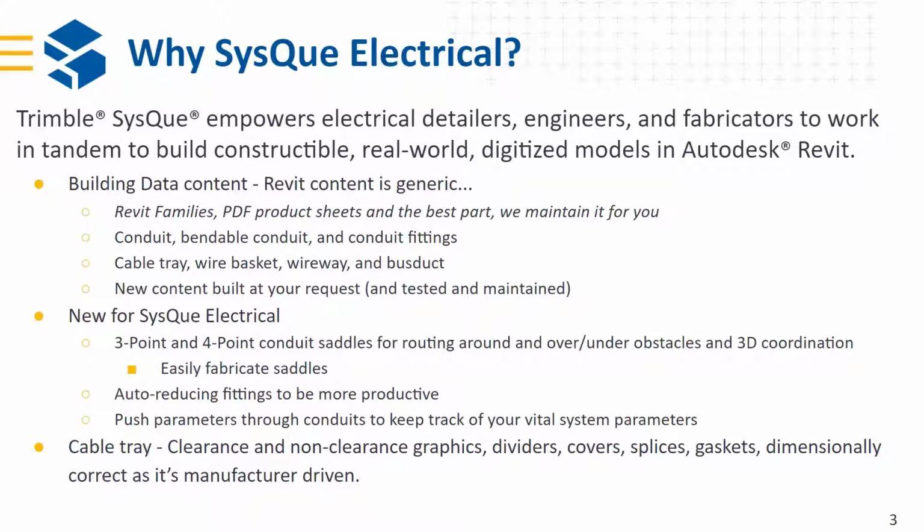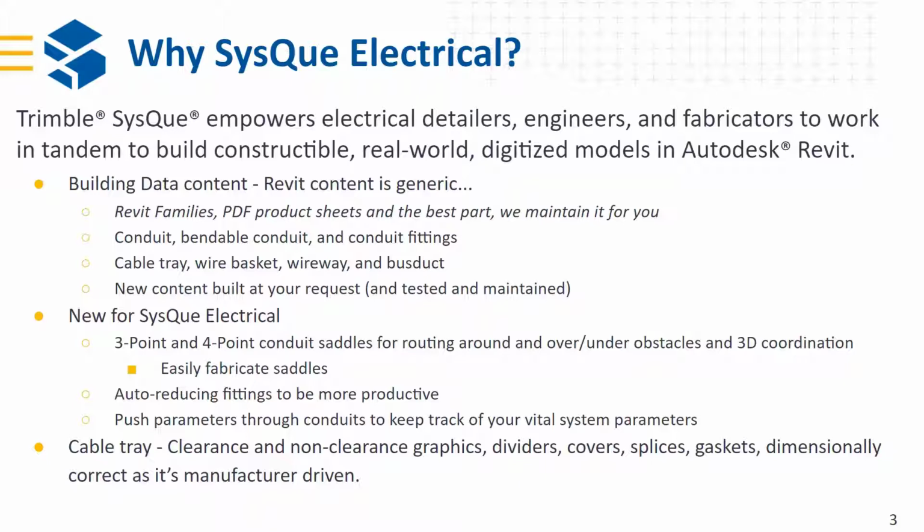Some of the new features we have in our latest release of SysQue Electrical, like I mentioned, were the 4-point and 3-point saddles, and we'll take a look at those here shortly. We've also done some work around our reducing fittings and the ability to push parameters through contents to keep track of your vital system parameters, where something's coming from, where it's going to, what's inside of it, and such. Some of the other value propositions we have for SysQue is our cable tray, which is, like I mentioned, dimensionally correct.